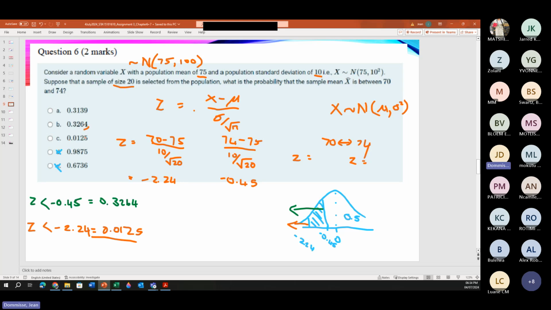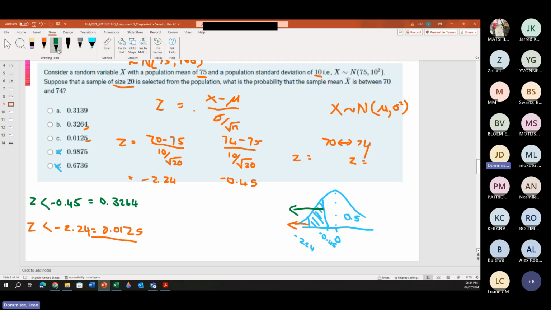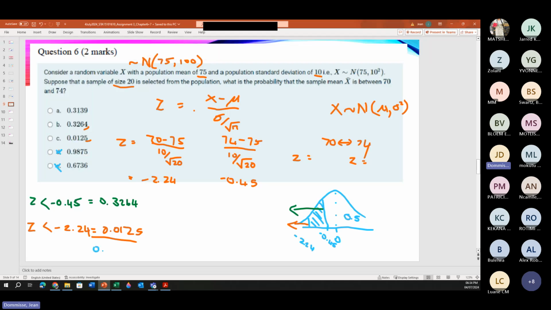There was the one, there was the other one, but we will need to subtract the two from one another to get the blue area. So that just means that if we subtract the two, we get 0.3139. Okay, which is then option A.